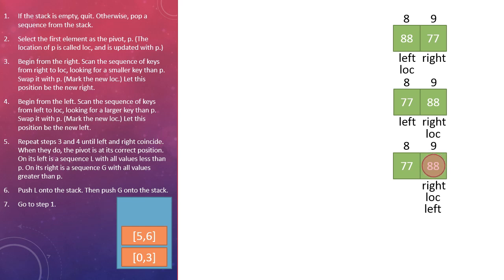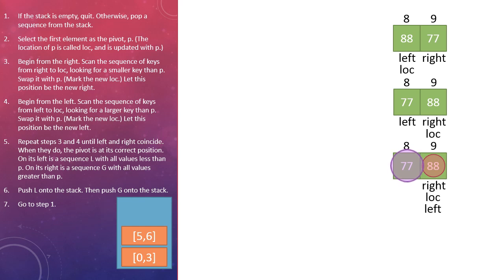This breaks our subsequence into another subsequence on the left only, not on the right, because there are no elements to the right of 88. Now, the subsequence of lesser elements is also of only one element, and we have already discussed that a single element is pre-sorted.